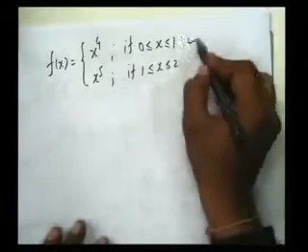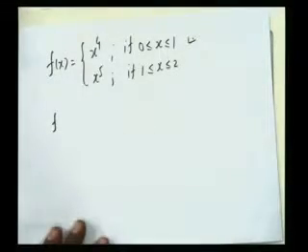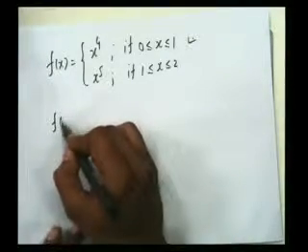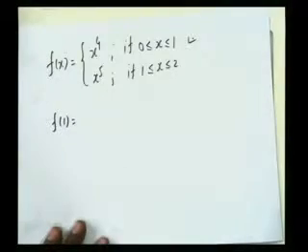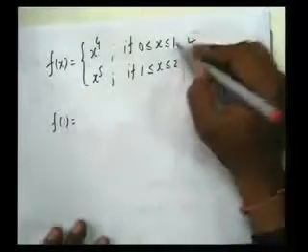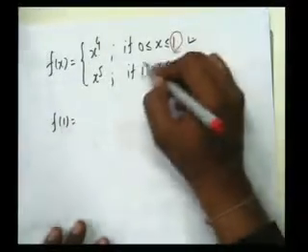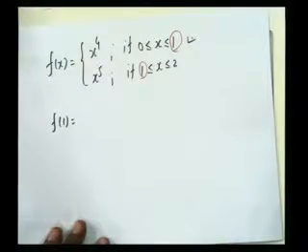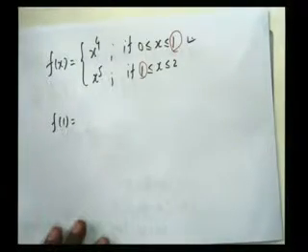In this case, we have to check the continuity of the function at x equal to 1. We have to check the continuity of the function at x equal to 1.